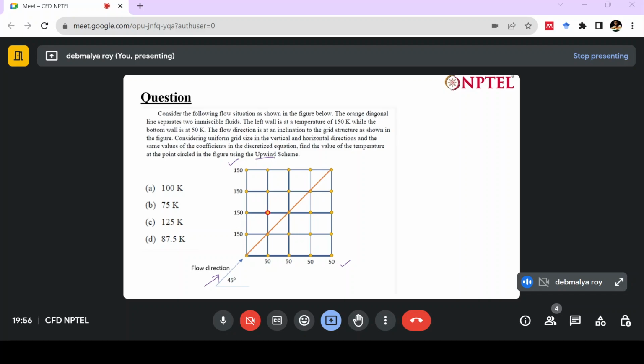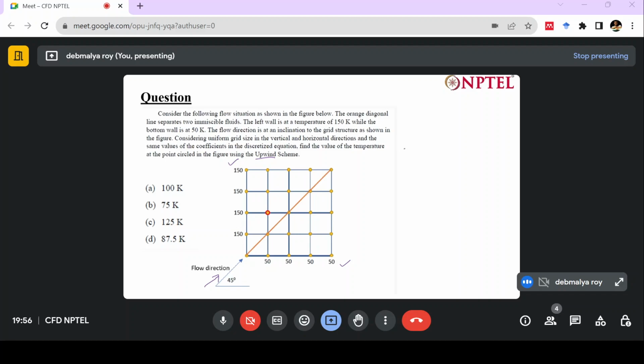So no downstream points can influence anything which is upstream on the upwind side. We have to use that. The flow direction is at an inclination, and we are assuming that the grid size is uniform and we have the same values of coefficient in the discretized equation.